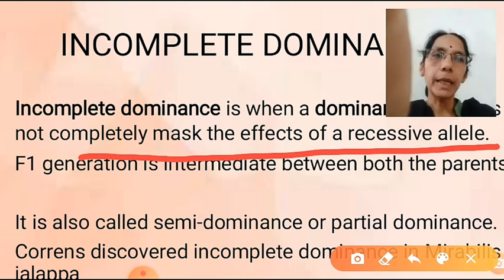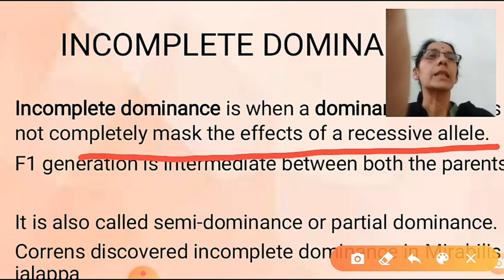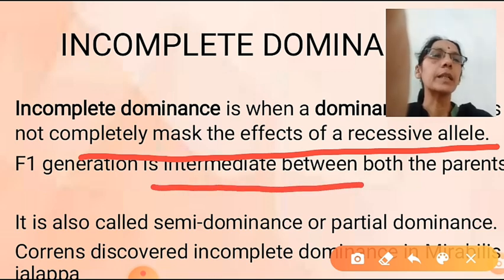Actually, a dominant allele has to mask or suppress the effect of the recessive allele and express itself. But in incomplete dominance, what is happening? The dominant allele fails to mask the recessive allele. As a result, the F1 generation is intermediate between both.